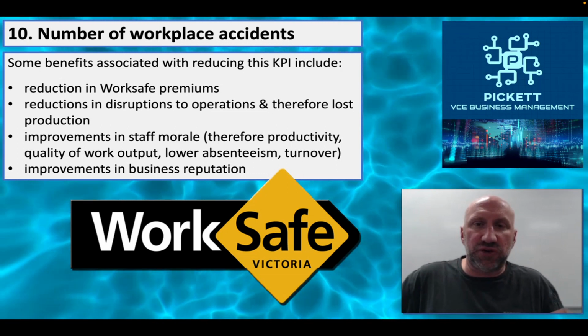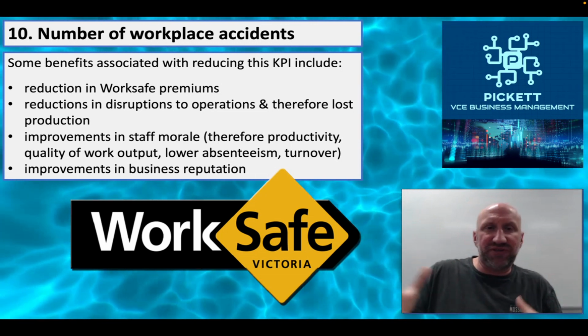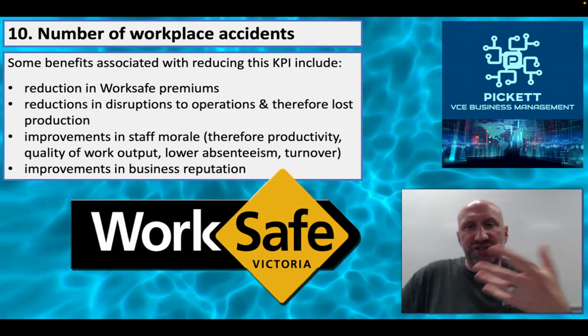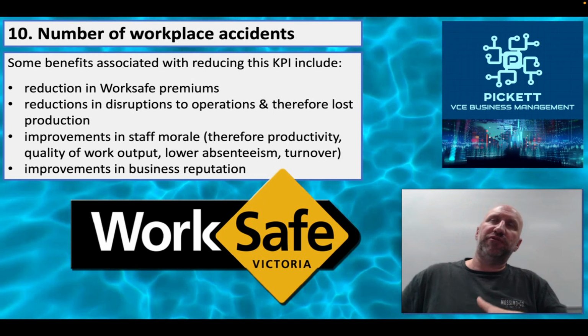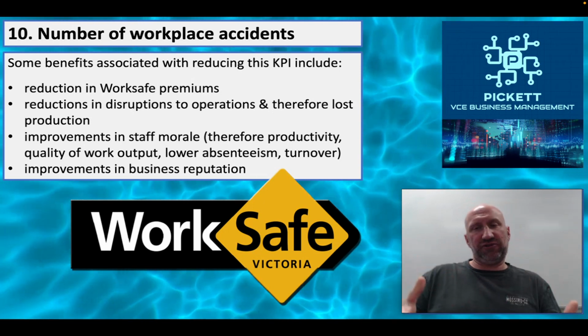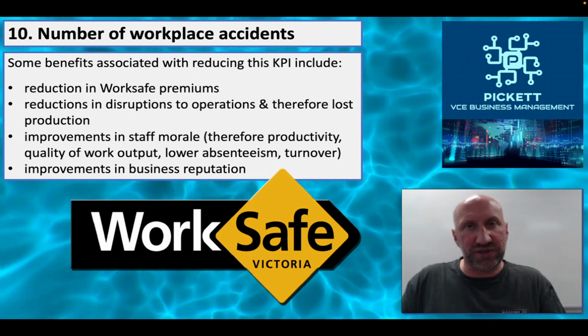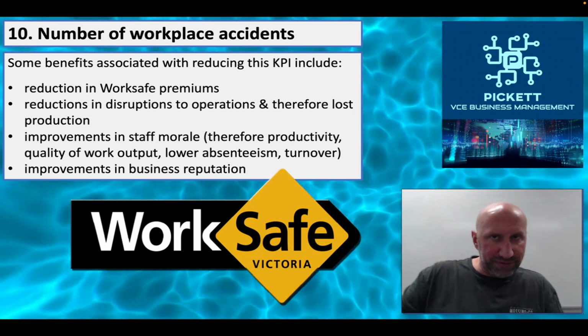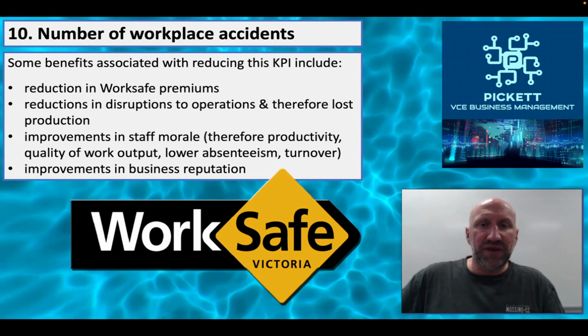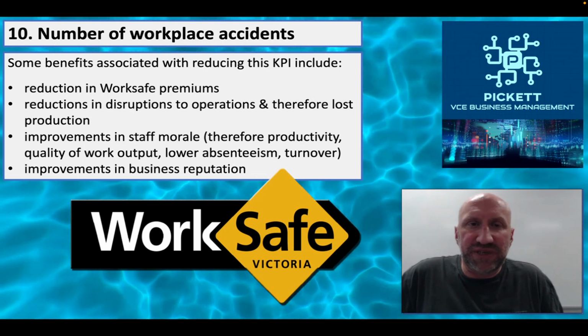And reductions in disruptions to operations, therefore less lost production, productivity improvements, morale, I just touched on that. And if we've got improvements in morale, that can also lead to increases in productivity, increasing quality of work output, again, lower absenteeism, lower turnover, and general improvements in business reputation.